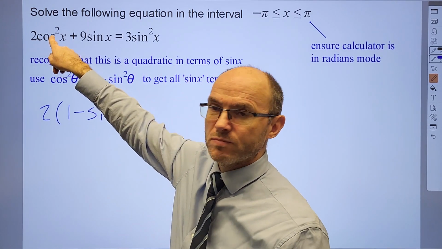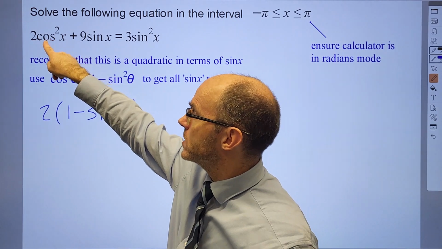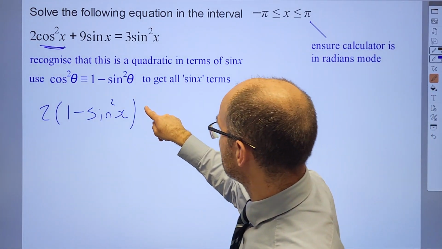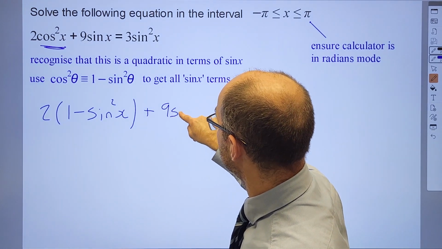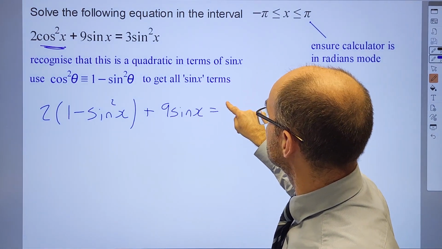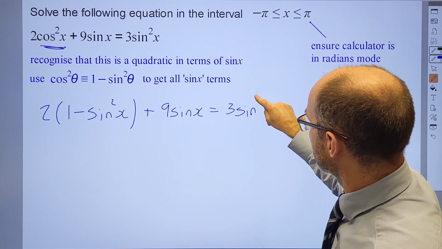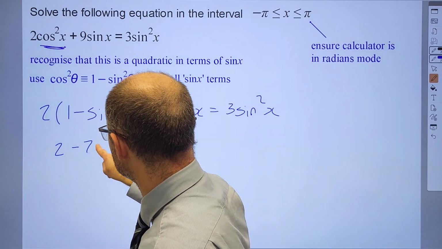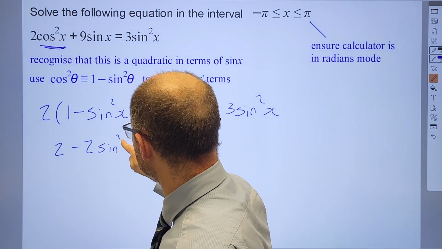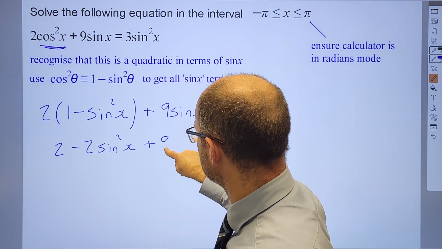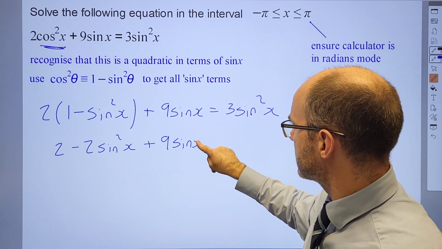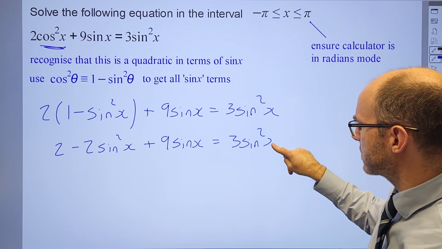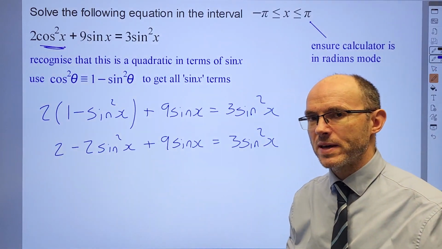So I usually recommend you replace the one you're changing with whatever it is in brackets, plus 9 sine x is equal to 3 sine squared x. And then expand the brackets, so you get 2 minus 2 sine squared x plus 9 sine x equals 3 sine squared x. Usual rules of quadratic equations, get everything to one side, make it equal to 0.